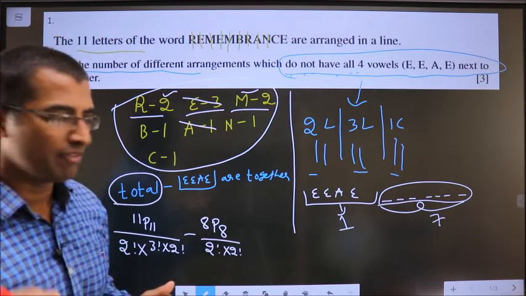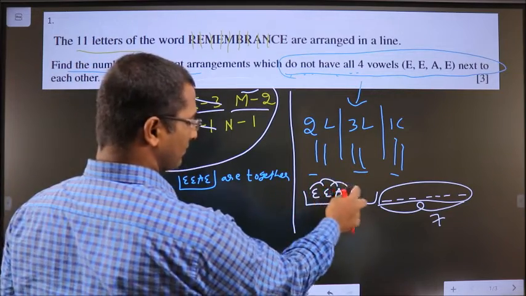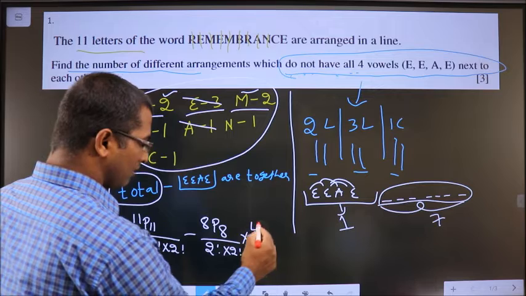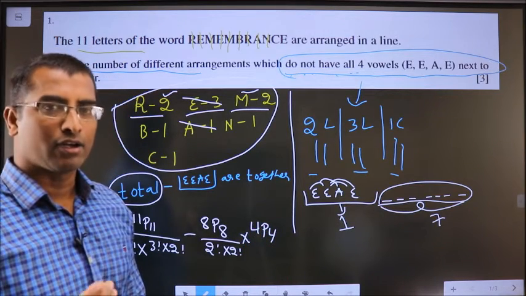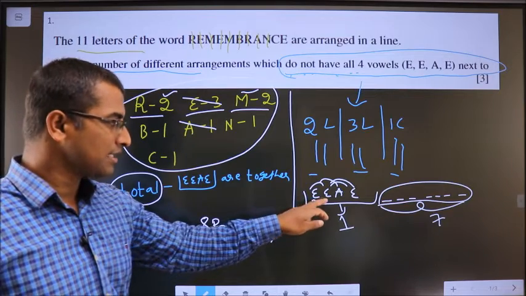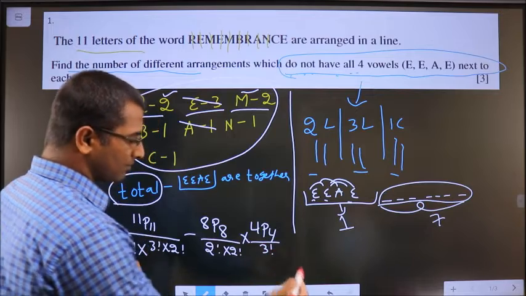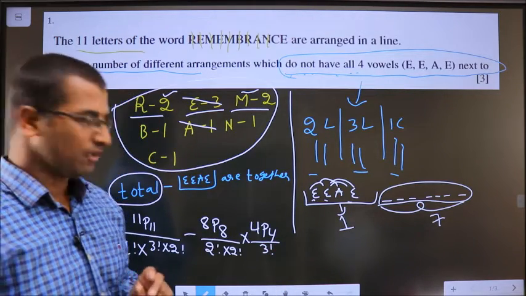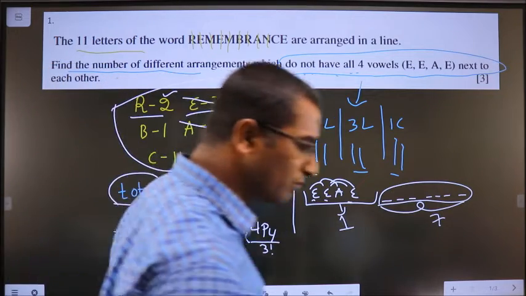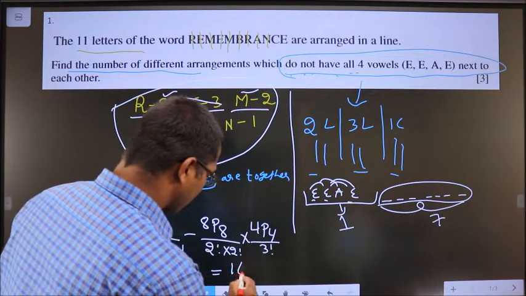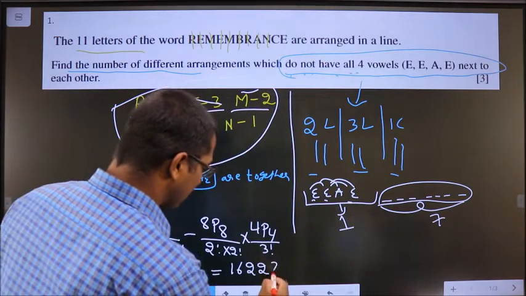Now inside, these 4 letters can shuffle in 4P4 ways, and also these 3 E's are identical, so divide by 3 factorial. If you put this entire thing in the calculator, you get the answer to be 16228880.